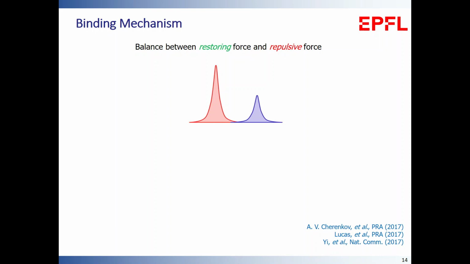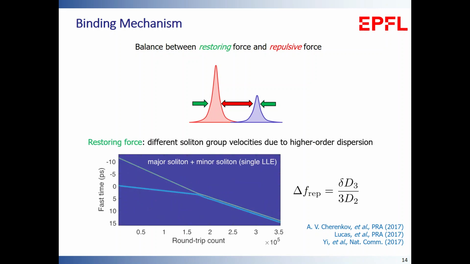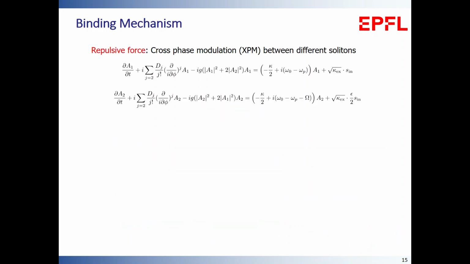I assume that in this situation, such fast rotation will be averaged out. So I simplify this case. We thought that the soliton binding mechanism is only caused by the cross-phase modulation terms. The cross-phase modulation term doesn't depend on the phase. It's an intensity-dependent effect.